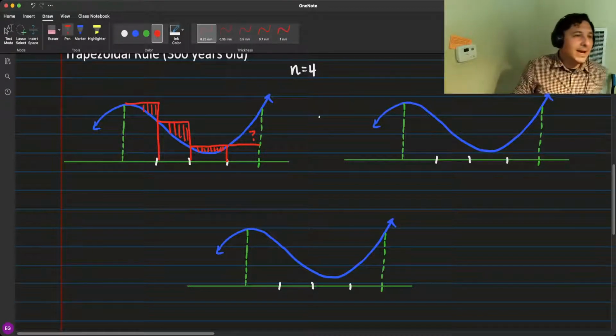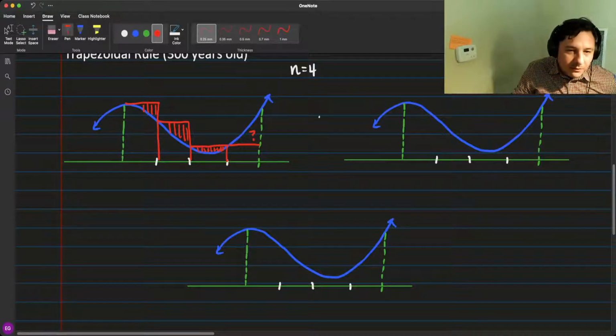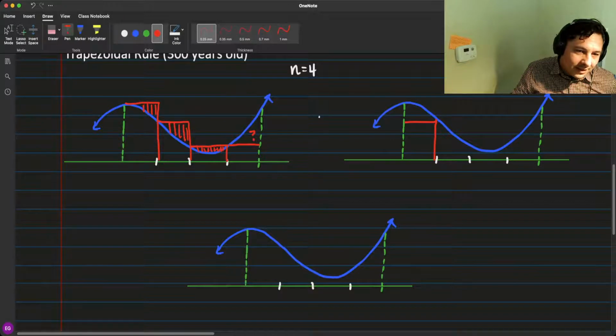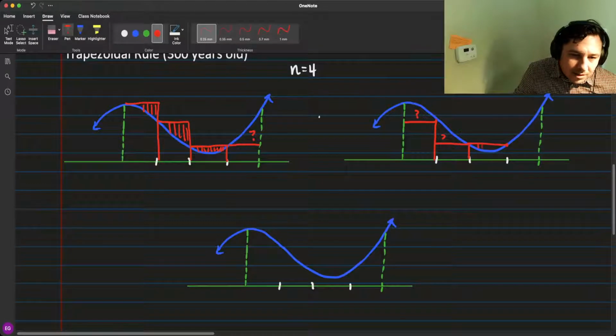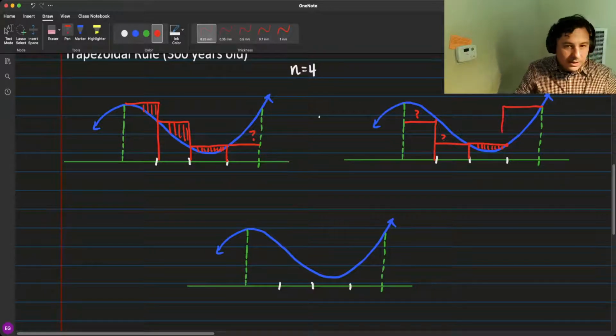And let's say on the other one you decide to go with right endpoint. Right endpoint, too small. Right endpoint, too small. Right endpoint, too big. Right endpoint, too big.